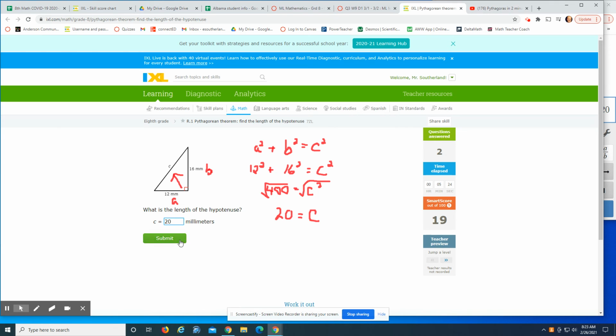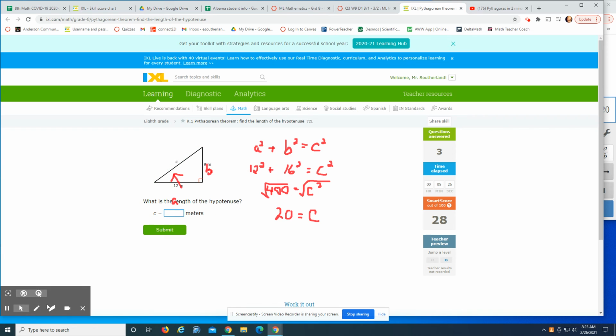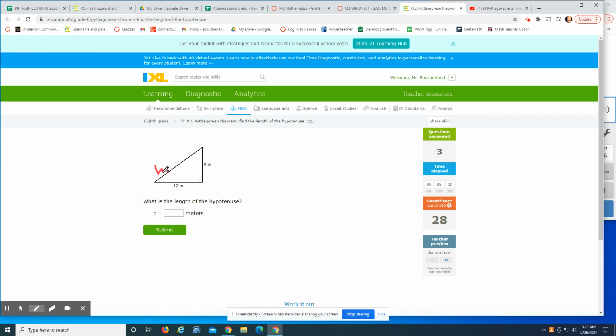Later on, you'll learn that all the sides have names. This one will be called the hypotenuse. C will always be the hypotenuse. The other two are just called legs. The cool thing about it is it doesn't really matter which one they are. One's called leg A, one's called leg B. You can actually switch them around.